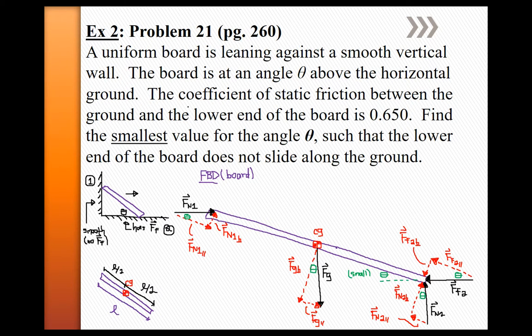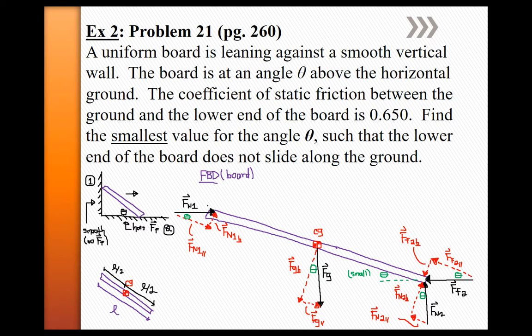We can choose point O to be either the point of contact on the wall, 1, or the point of contact on the floor, 2. It doesn't make a difference which one you do, except one of them is a lot more clever. What you want to do when you're picking a pivot point for a torque equation is pick a point on the rigid body that's going to hide more of the forces you don't want to deal with.